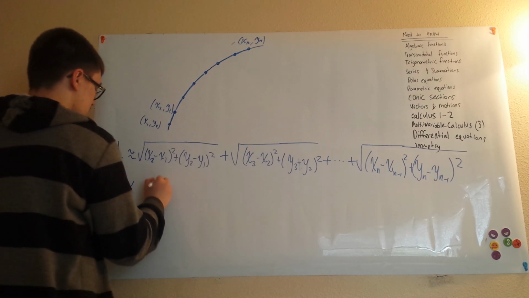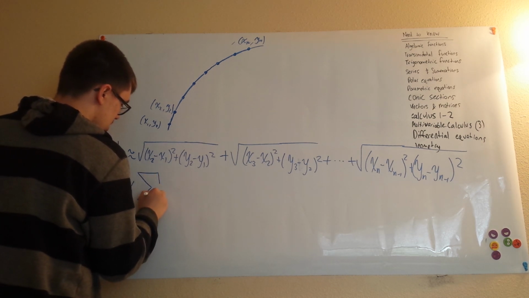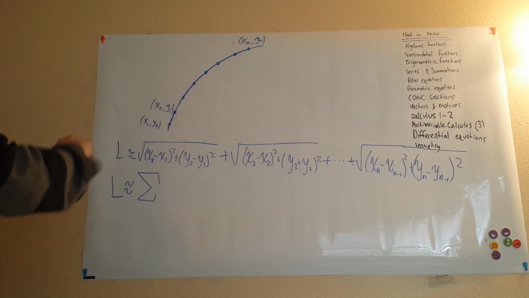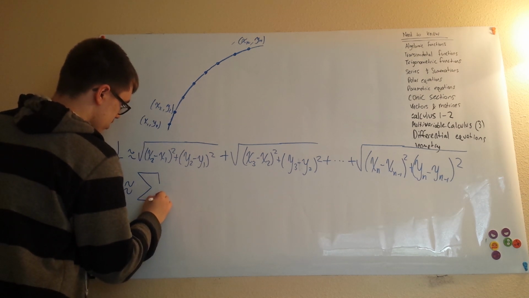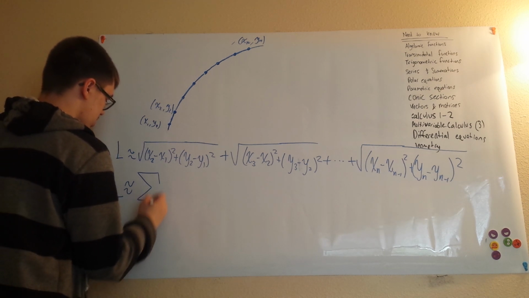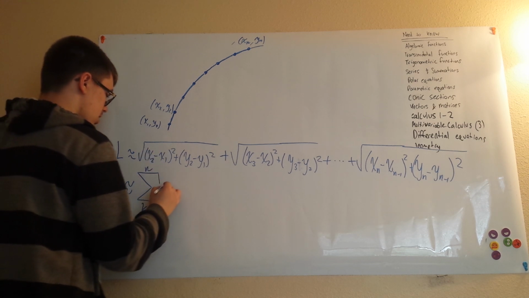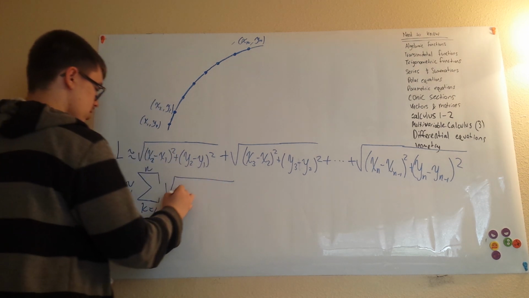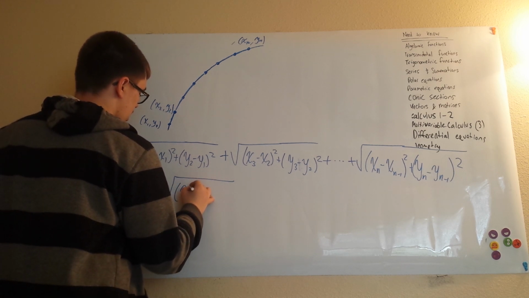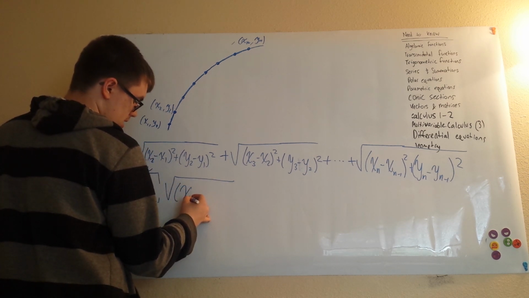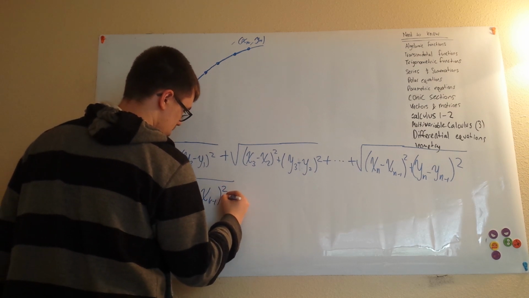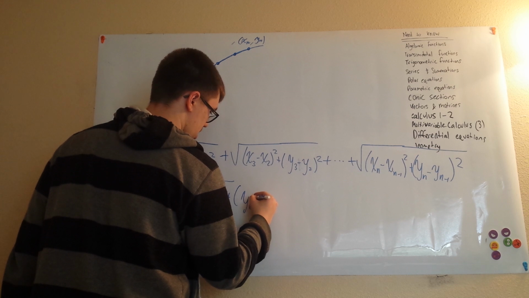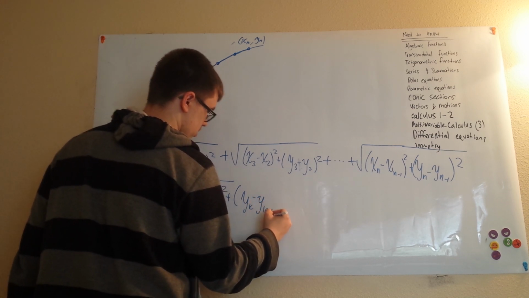A summation. So we're saying this length of the curve is approximately equal to the summation from k equals 1 to n of the square root of x sub k minus x sub k minus 1, plus y sub k minus y sub k minus 1.